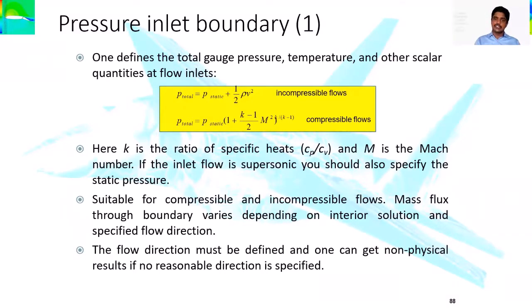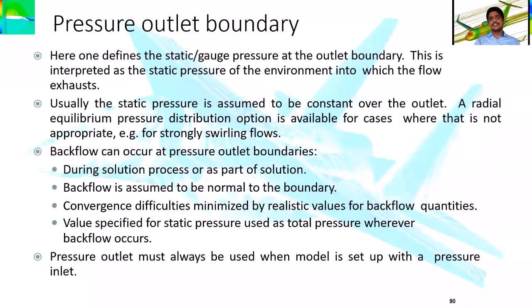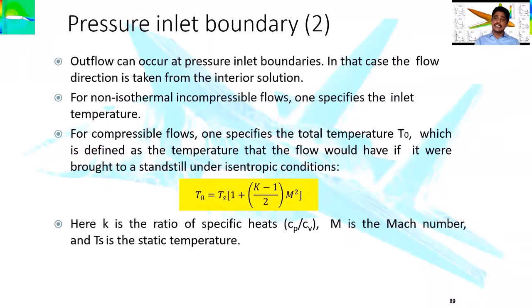So we should be very careful about which type of boundary conditions we are applying. If it is a pressure boundary condition, whether we are applying it to an incompressible case or a compressible case. Not only this, when we are talking about compressible flow conditions, not only does the pressure vary with the Mach number, the temperature also varies with the Mach number, and the density also varies with the Mach number.